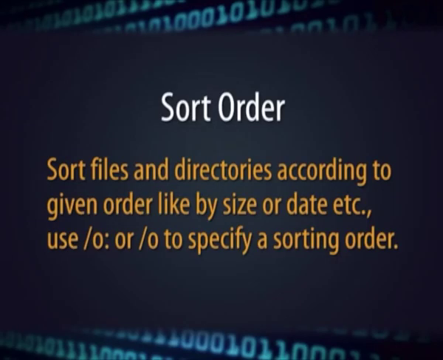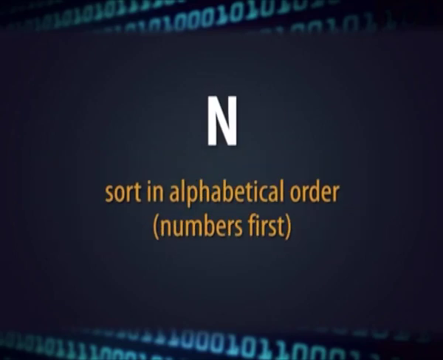Sort order. This command sorts files and directories according to a given order, like by size or date. Use /o: or /o to specify a sorting order. Following commands in capital: N will sort in alphabetical order with numbers first.